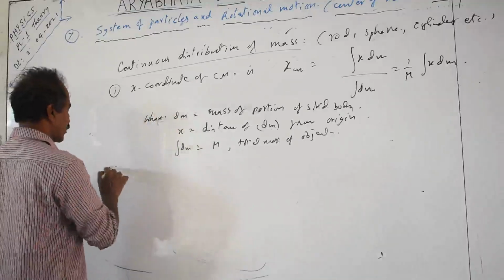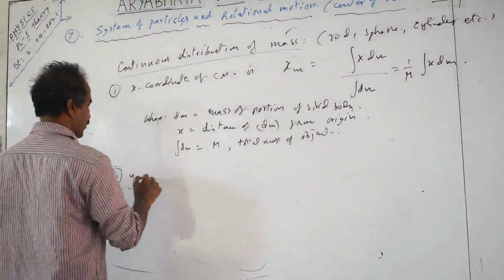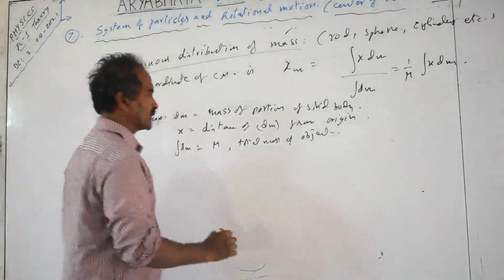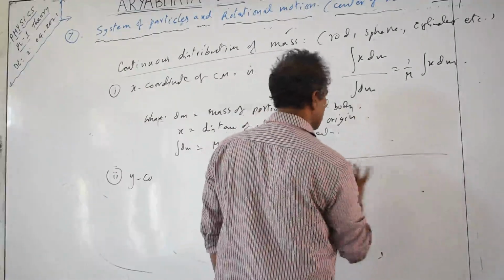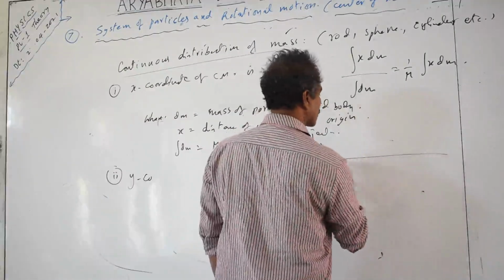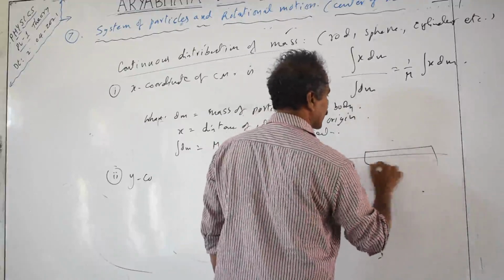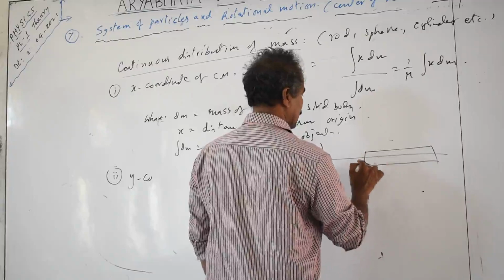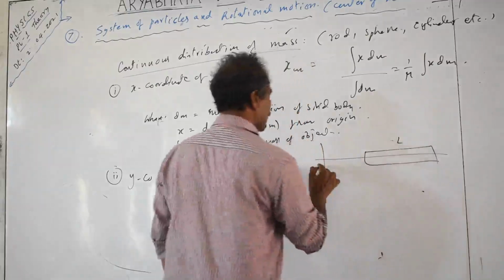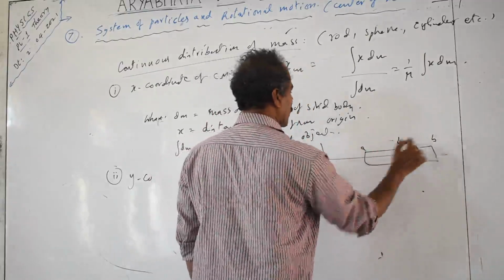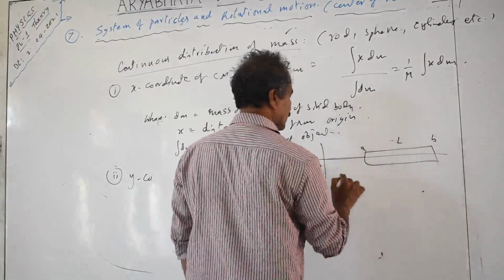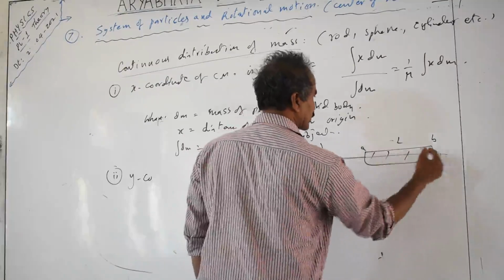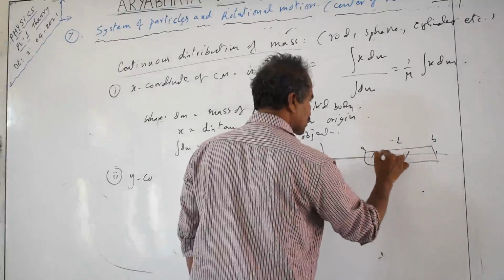Similarly, we can take the y coordinates. For example, I will take this example. I have taken one rod of length L, from point A to point B. The length of the rod is L, and the total mass is M. I am taking a small portion of it.